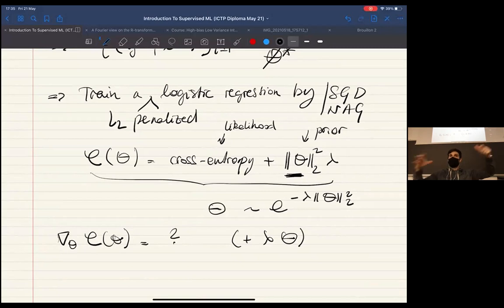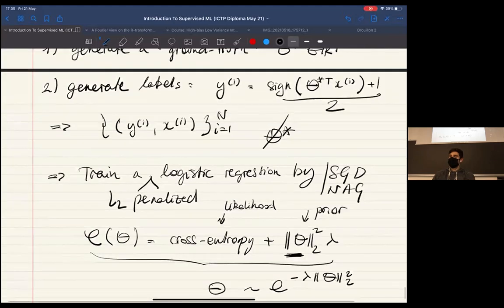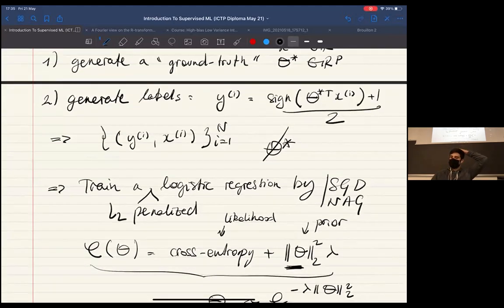So if you have enough data, at some point you have enough constraints to perfectly find the hyperplane. Actually, let me correct what I said. If the theta star belongs to a discrete set, let's say it has binary entries, at some point you will perfectly reconstruct it. If it is real, of course, it's only in the limit of infinitely many data that you would reconstruct it perfectly.